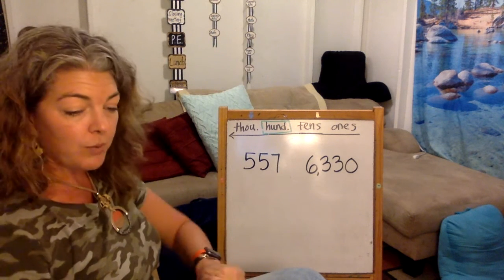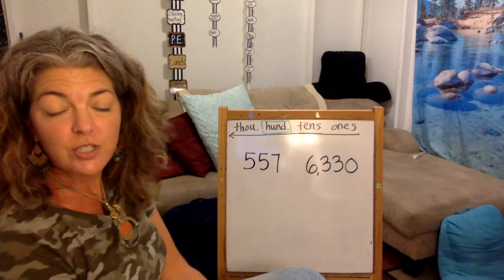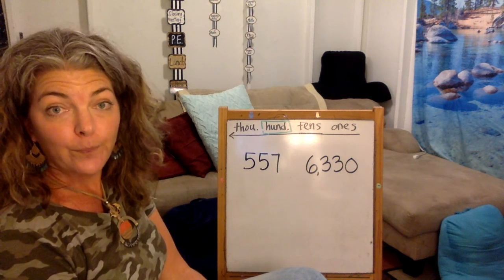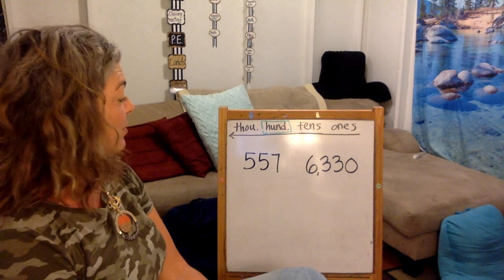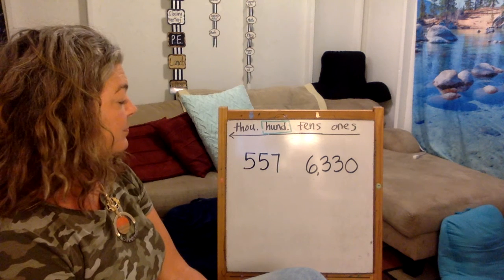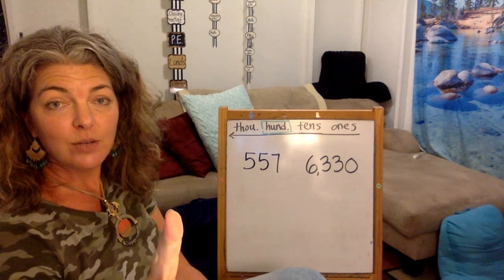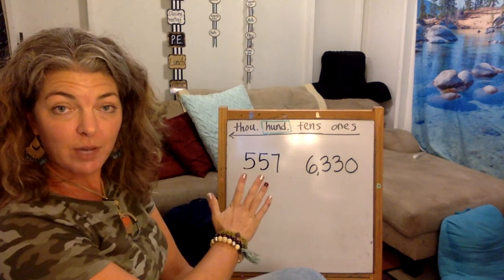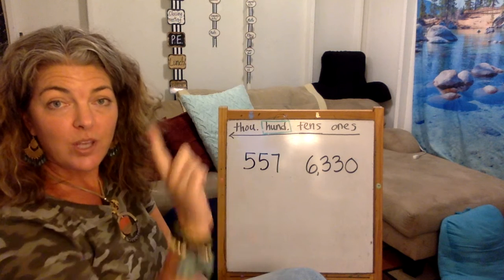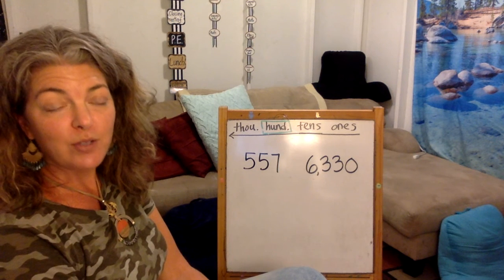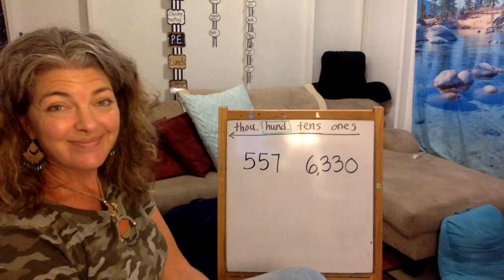Those are your 2 problems that you are going to do. Ready? Go. Put them on your paper right now. And pause this video. You figure out the answers, and when you unpause it, I will be right here to show you how to do these problems.